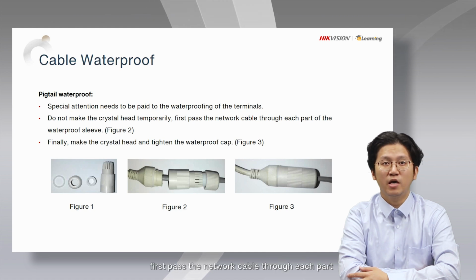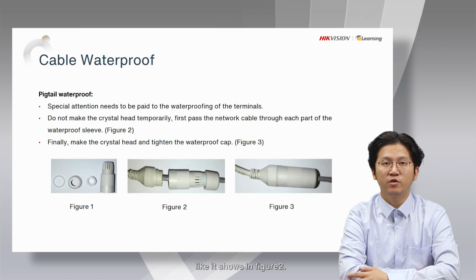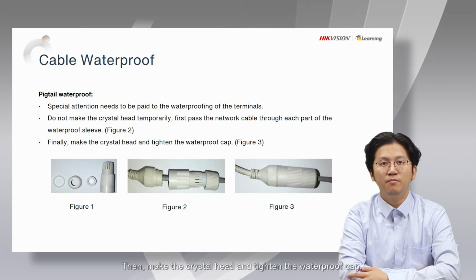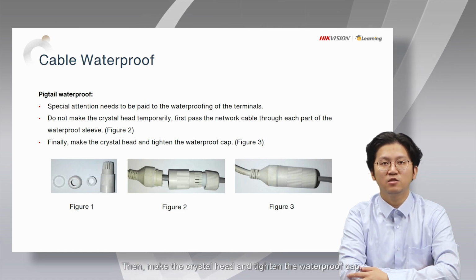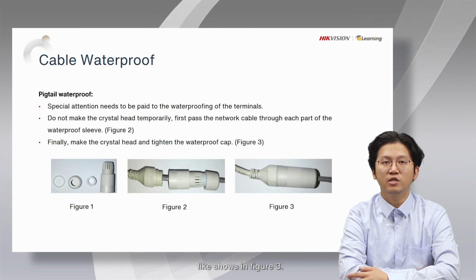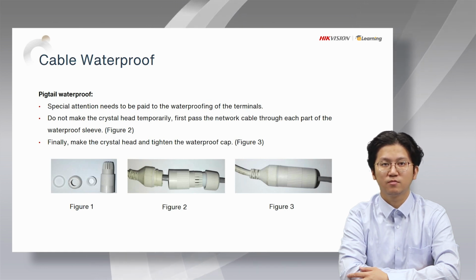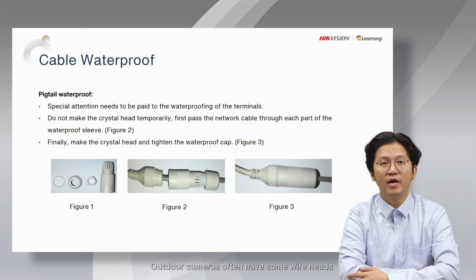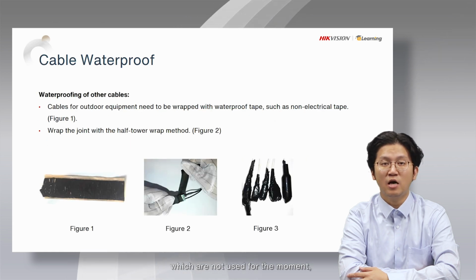First, pass the network cable through each part of the waterproof sleeve like it shows in figure 2. Then make the crystal head and tighten the waterproof cap like shown in figure 3. Outdoor cameras often have some wire heads which are not used for the moment, right?